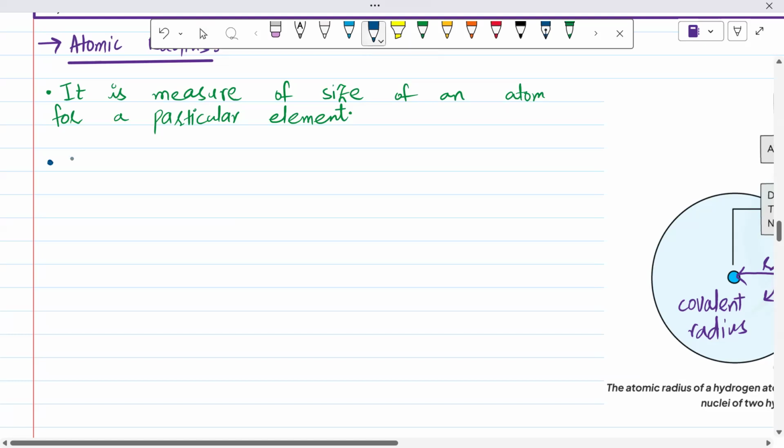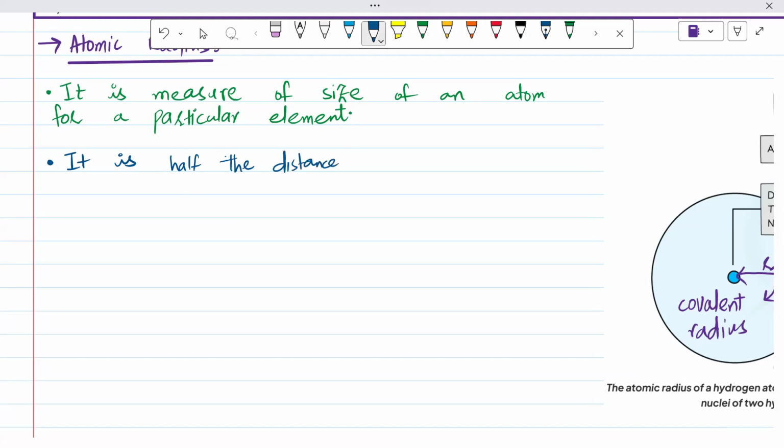And how we calculate it: it is half the distance between two nuclei of two covalently bonded atoms of the same type.